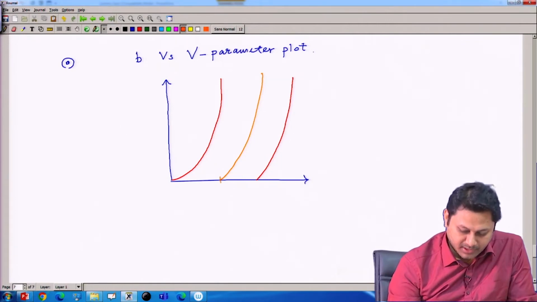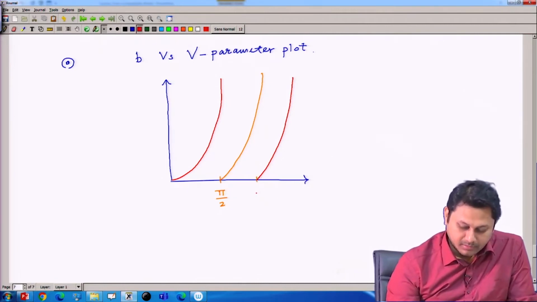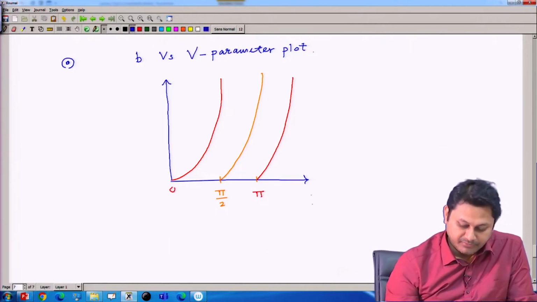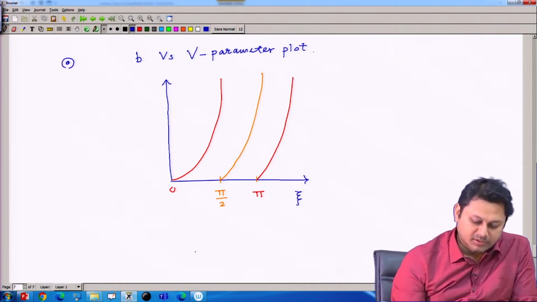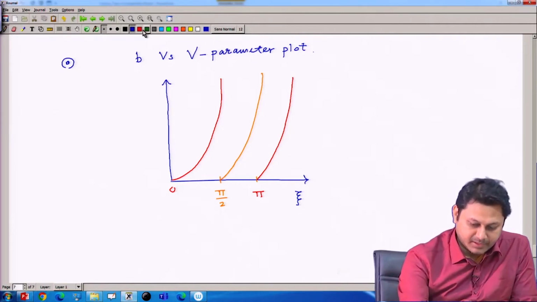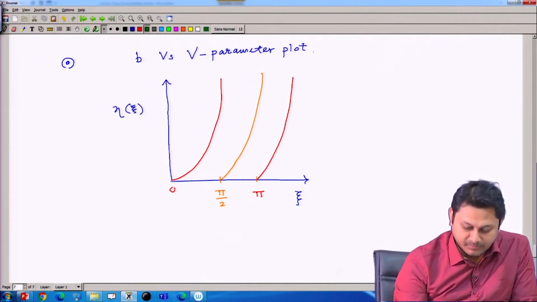So, suppose this point is at pi by 2, this point at pi, this is 0, and along this direction I have my xi, and I plot all this tan xi and all this stuff. Actually, I am plotting eta as a function of xi according to my notation. Now, I am plotting the V parameter as well.